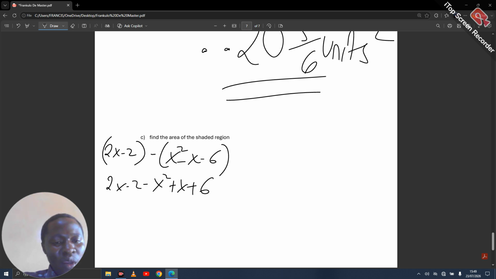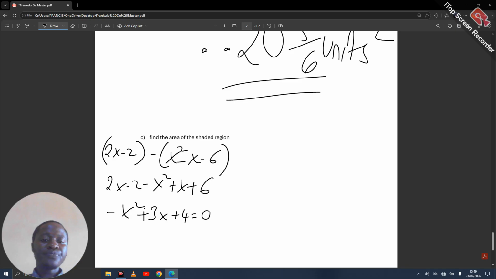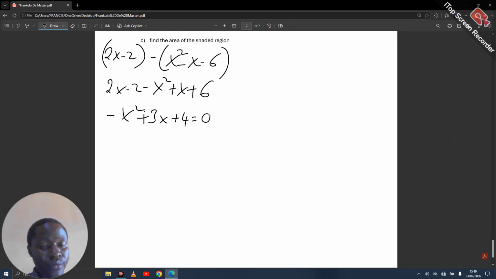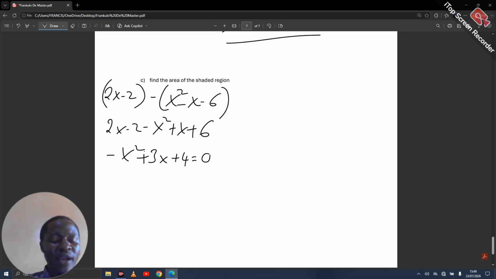So we shall have minus x squared plus 3x plus 4 is equal to 0. After having that, we integrate.